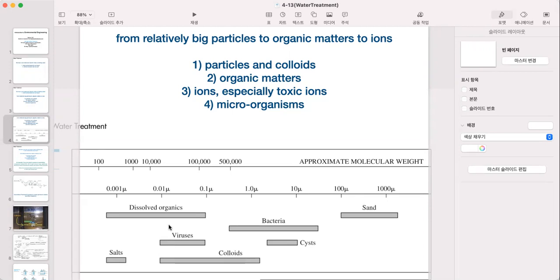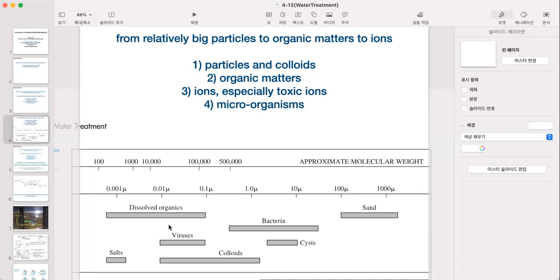If you use some adsorbing material to remove colloid, then we clean the surface of that adsorbent after using it with colloid.